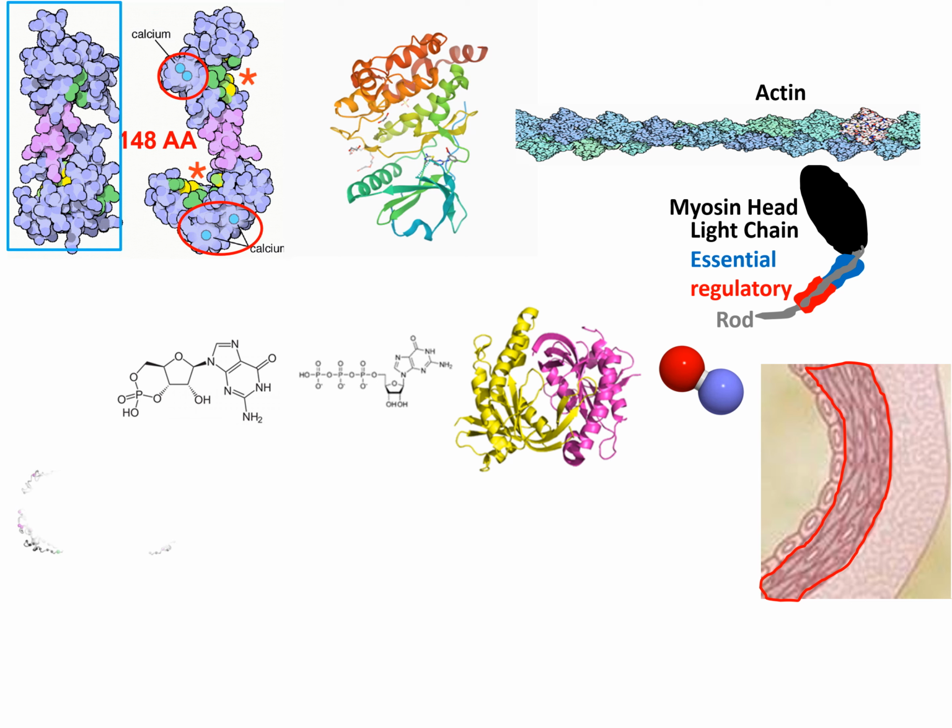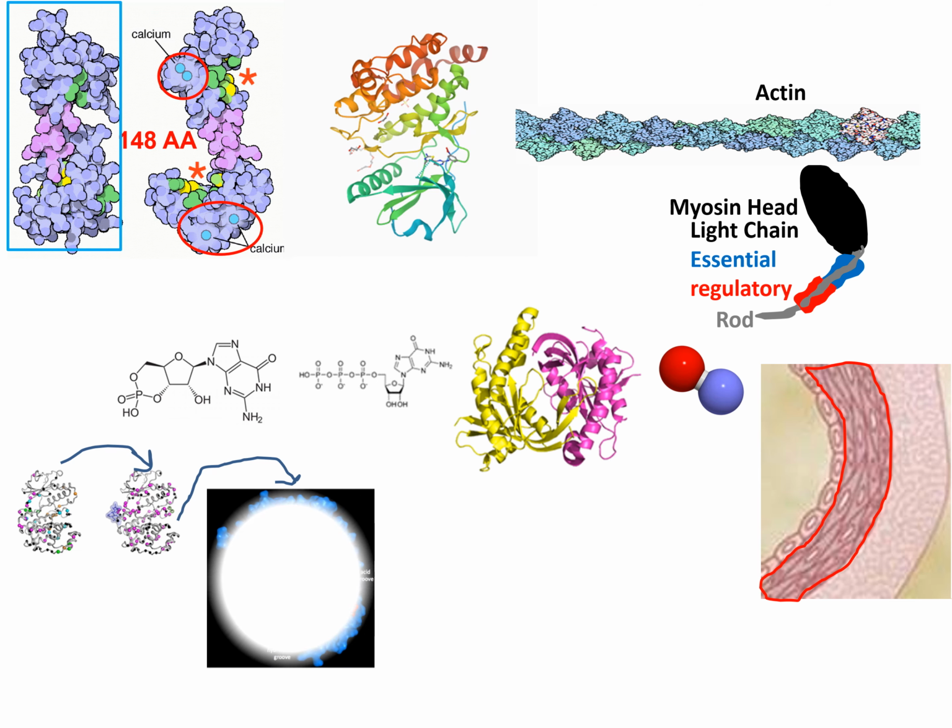The cyclic guanosine monophosphate will be activating the protein kinase G, and this activated protein kinase G is going to activate the myosin light chain phosphatase.